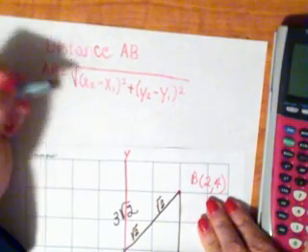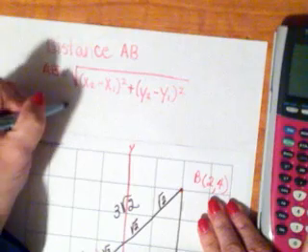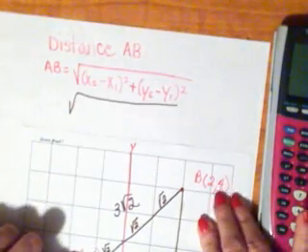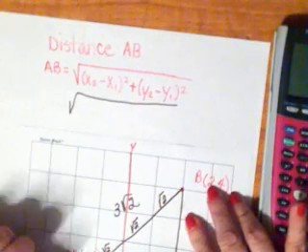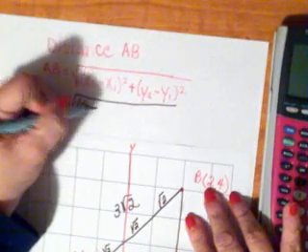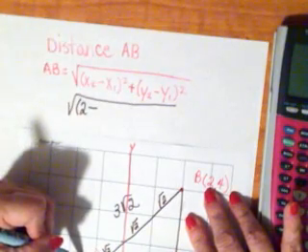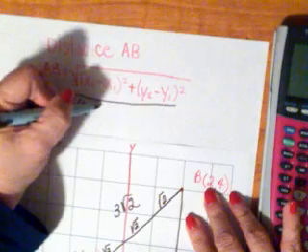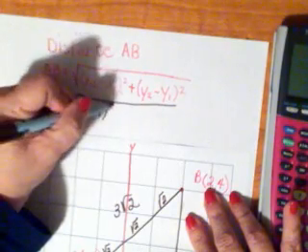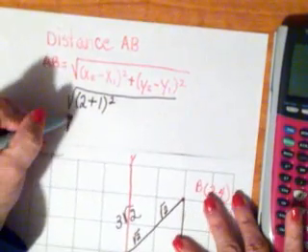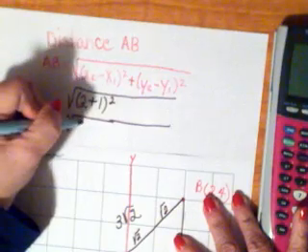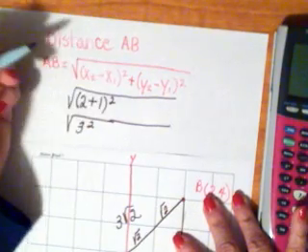The distance formula says that I take and subtract my coordinates, my x coordinates, which would be x2 is 2 minus, this x is -1, so minus a -1 would be a +1. Okay, so then I have 2 plus 1 is 3, so I have 3 squared.